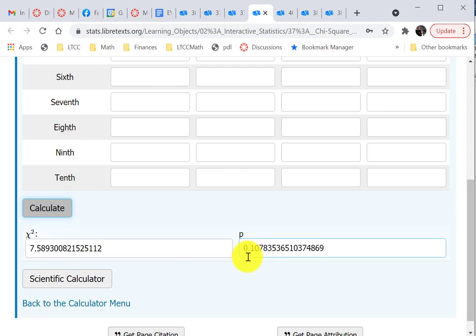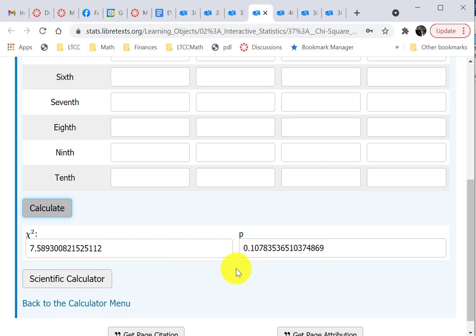When you have a p-value of 0.1078 with a level of significance of 5%, well, 10% or 11% is greater than 5%. So that means that there is insufficient evidence or statistically insignificant evidence.